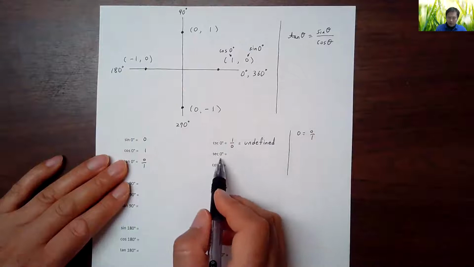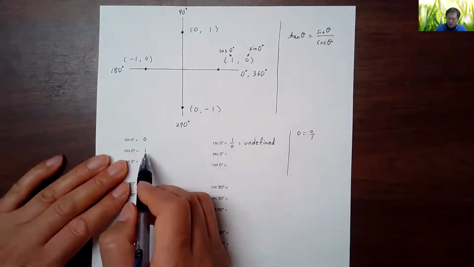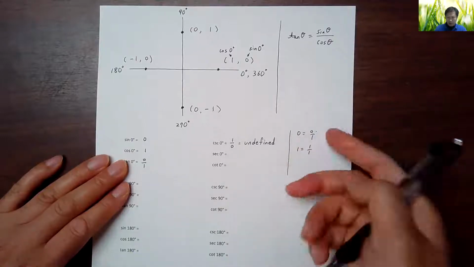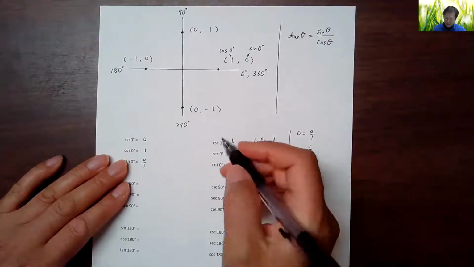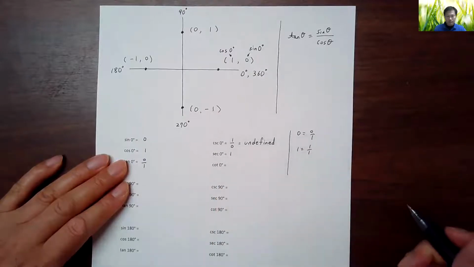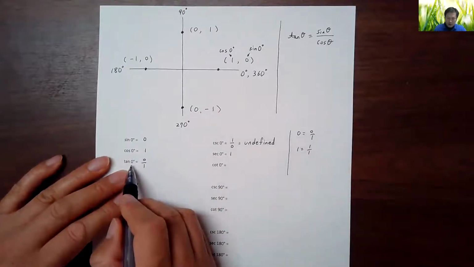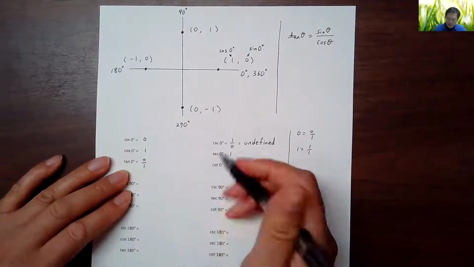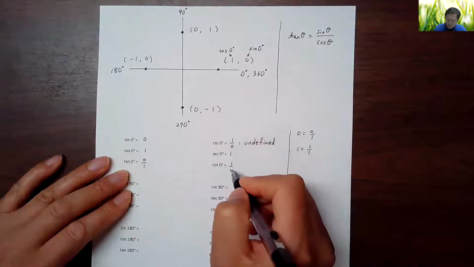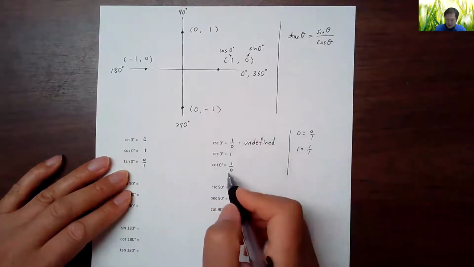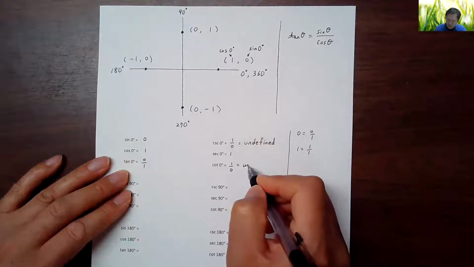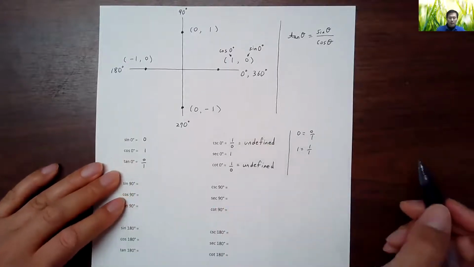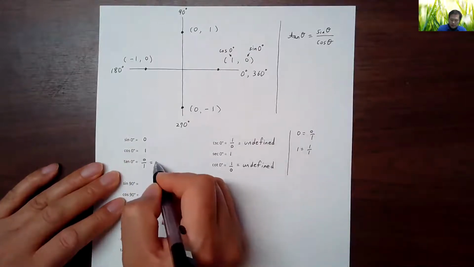Secant 0 is the reciprocal of 1. 1 is the same as 1 over 1, so if you take the reciprocal, flip it, it's still 1. Tangent 0, as you can see, is 0 over 1, which is 0. Cotangent 0, flip it, is 1 over 0, which again has 0 in the denominator, so it is undefined.